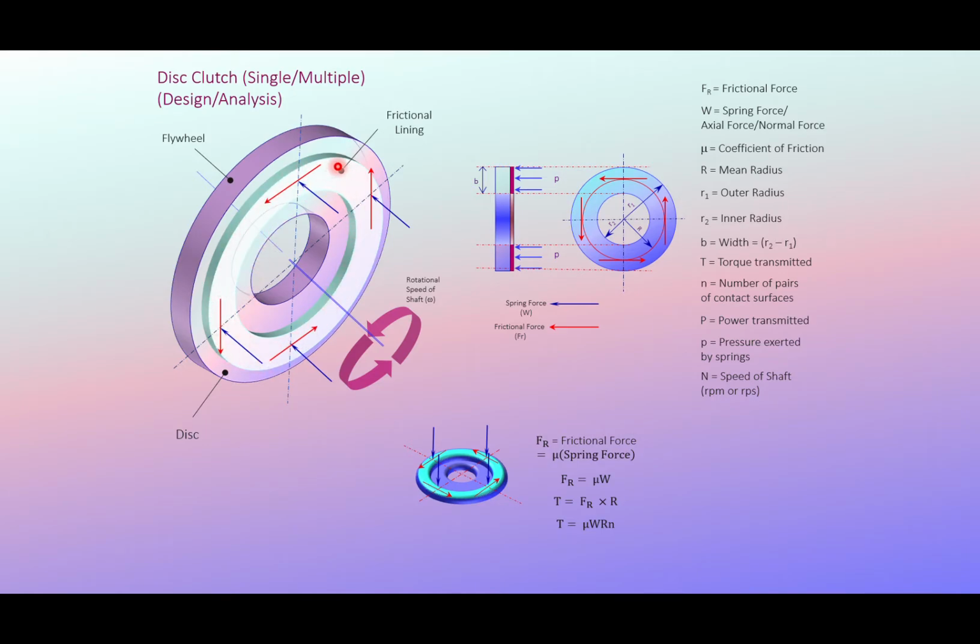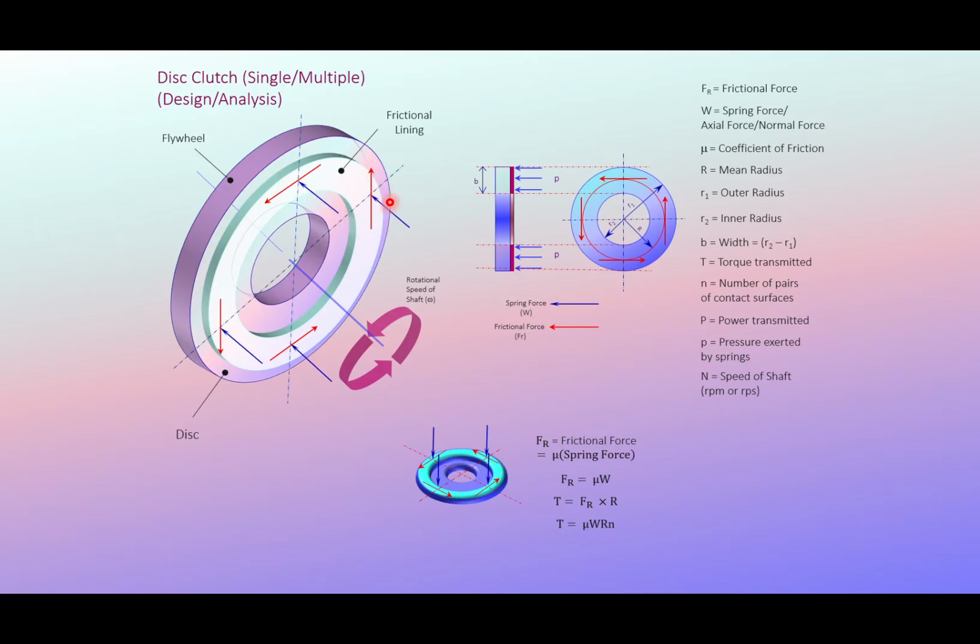Not only four, you might have a series of these forces acting on this surface when another plate presses onto it. It will exert an axial force onto this surface, and we call this the normal force or the spring force or the axial force.